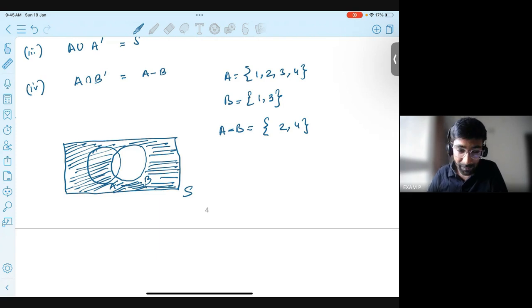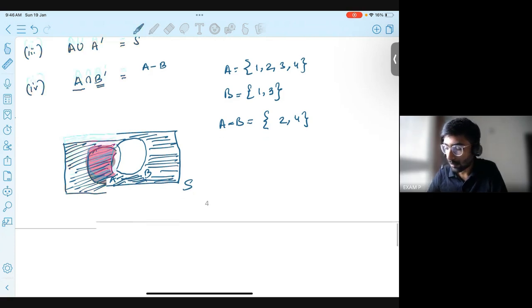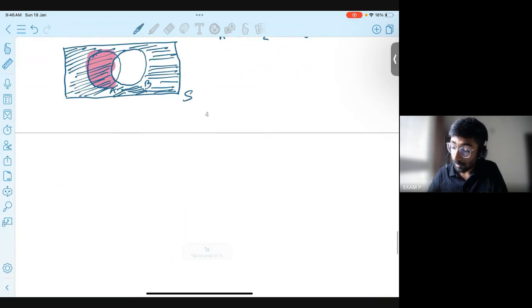Now this B complement has to be intersected with set A. The common part between set A and B complement is this only, the earlier A minus B that we had shaded. So these two are equal. That's how you can look at it diagrammatically.